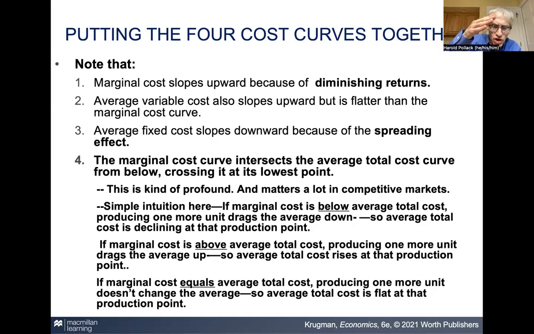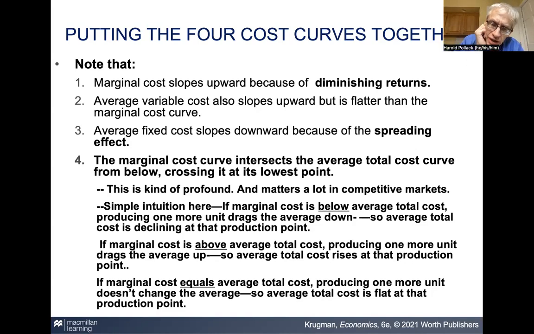So the average cost is always declining when the marginal cost curve is below the average total cost curve. Now, if the marginal cost curve is above the average total cost curve, producing one more unit is going to drag the average up because the last unit costs more than the average to produce. So average total cost is always rising when the marginal cost curve is above that average total cost.